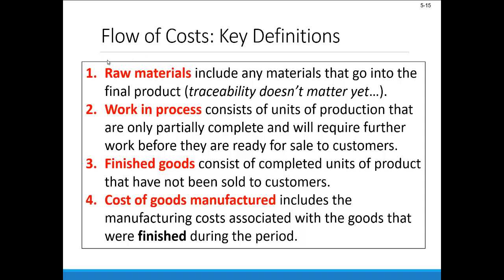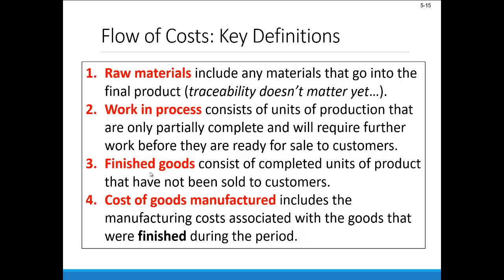It's an asset. Work in process, another inventory account, consists of all the units of production that are partially done and are going to take some more work before they're finished and ready to sell. Okay? Just stuff that's currently being worked on. And then finished goods, another inventory account. Those are all the things that, as the name implies, are finished and are ready to sell.